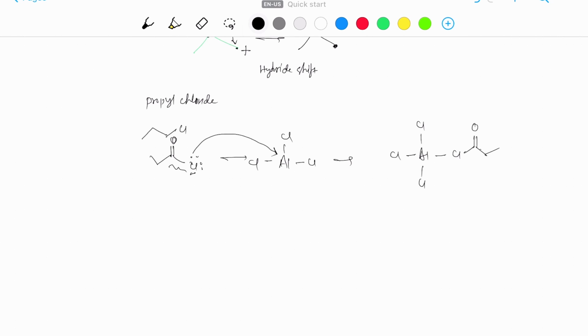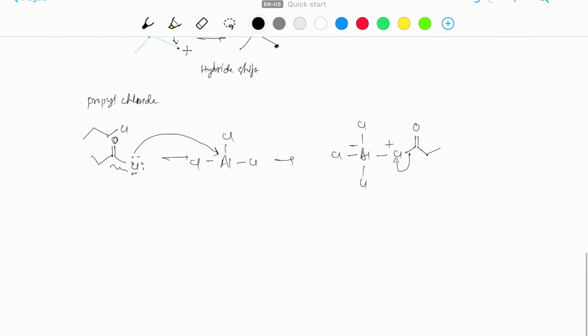Great. Now similarly, this bond can break, and the chlorine atom has a positive charge right now because it donated electrons to this aluminum, which has a negative charge. Now this bond can actually break, and the electrons can be left on this positively charged chlorine atom, and what happens is that now we form an acylium ion, right?